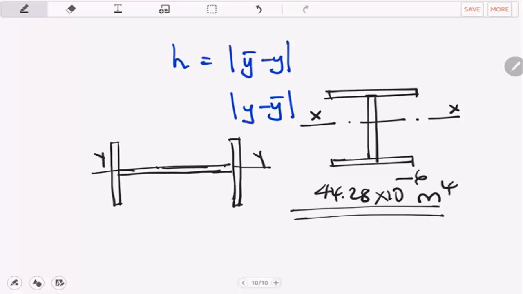That's what I'm getting. Are you getting something different? So I'm getting the same. Right. So we need to convert these to millimeters to the power 4. You see the values in your red book are given in meters to the power 4. We want it to be millimeters to the power 4.